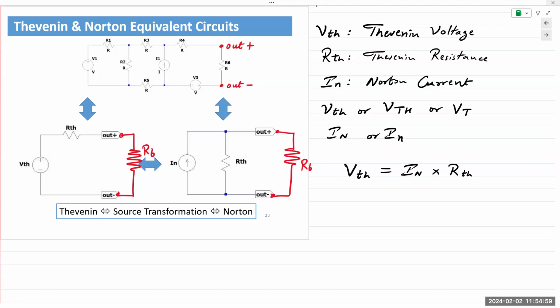Sometimes you might think it's easier simply to find the Thevenin voltage and Thevenin resistance, and find Norton current using Ohm's law, but it depends on the circuit. It's not always possible. Sometimes it's easier to simply find Norton current first.